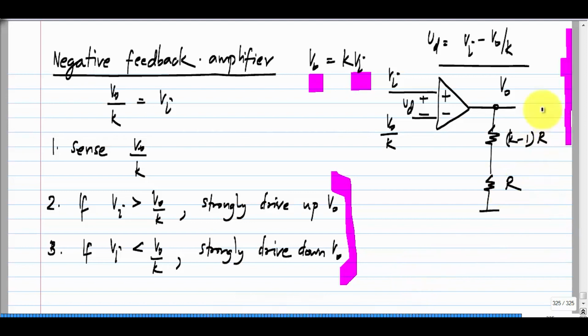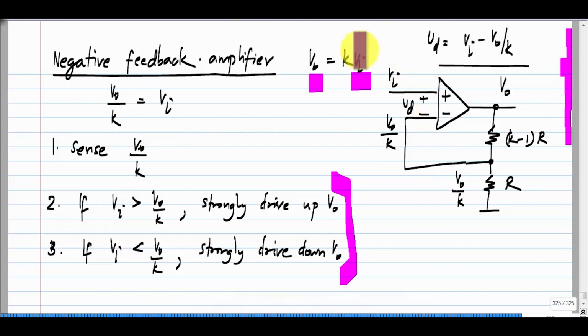So, if I realize a resistive divider like this, where the upper resistor is k minus 1 times the lower resistor, the voltage that I get over here is V naught by k. So, that I take and connect over there, where I wanted V naught by k. So, this completes my circuit.